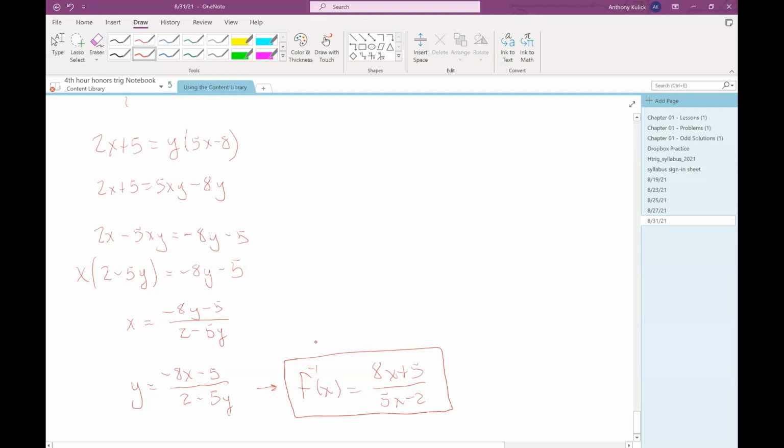I swapped and then wrote it as function notation all in the same step. Is that okay, Drake? Yeah. Okay.